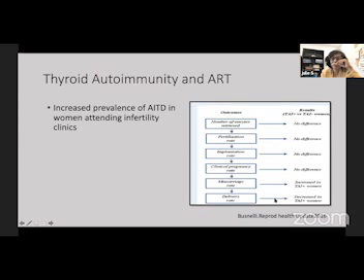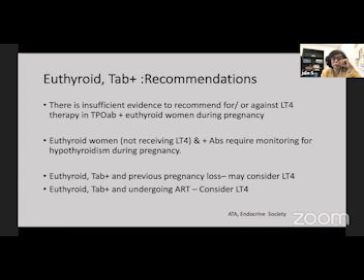What did stand out was a decrease in live birth rate in women who had positive antibody titers. So the current recommendation is to treat euthyroid women with positive antibody titers who are planning to undergo assisted reproductive technology.